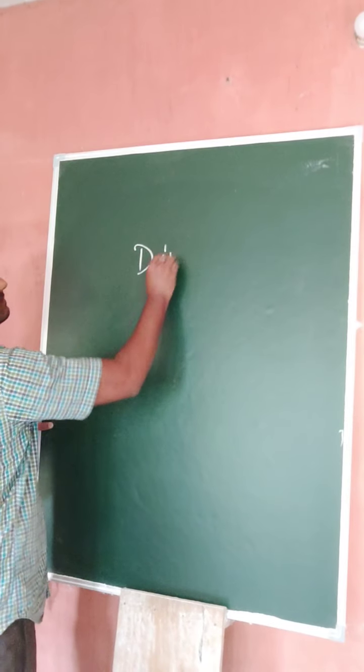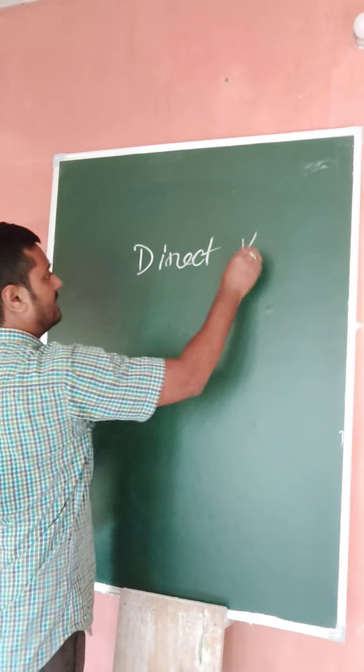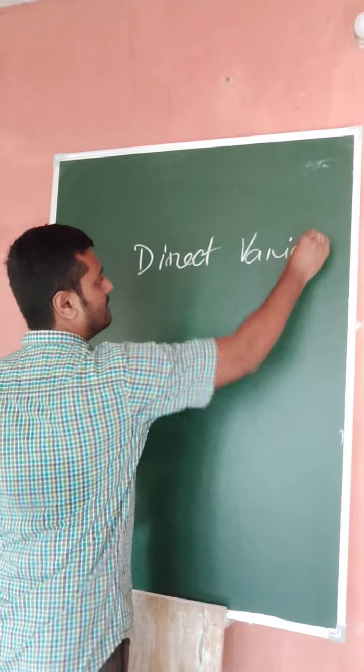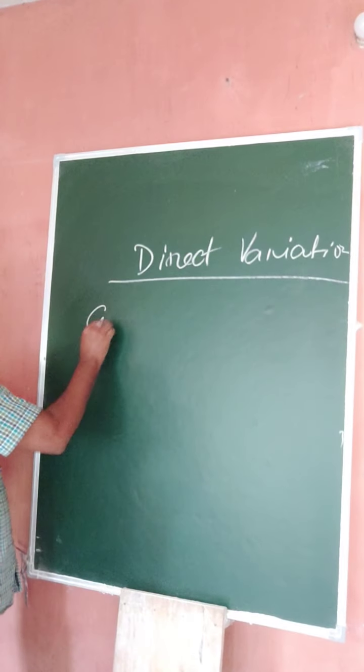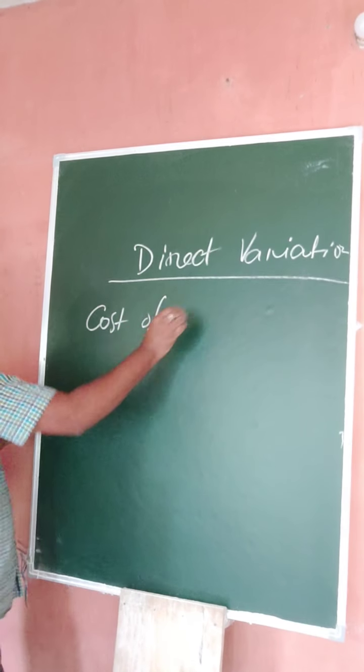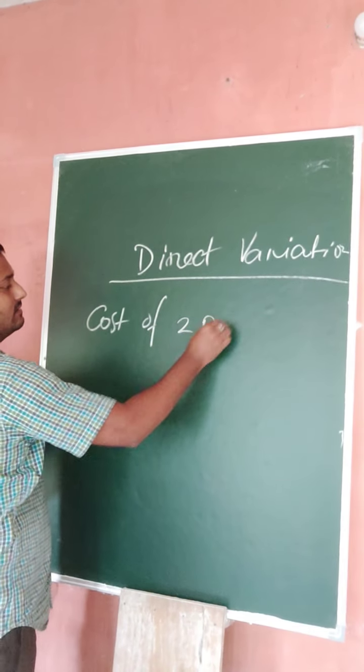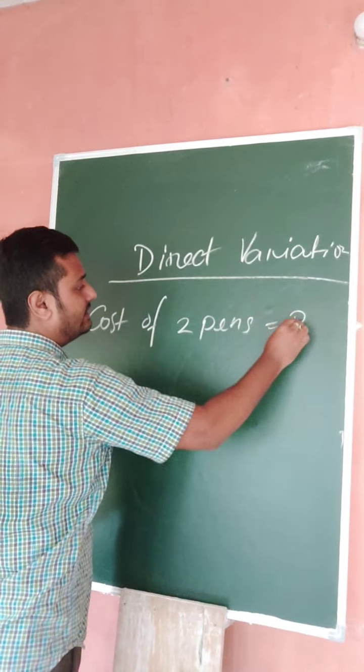So now come to direct variation. Direct variation is very simple. Suppose the cost of 2 pens is rupees 20.